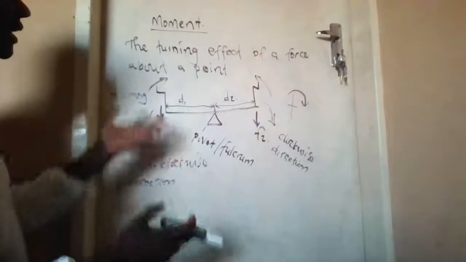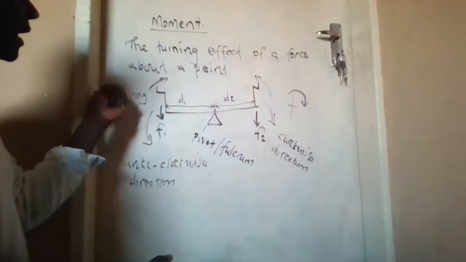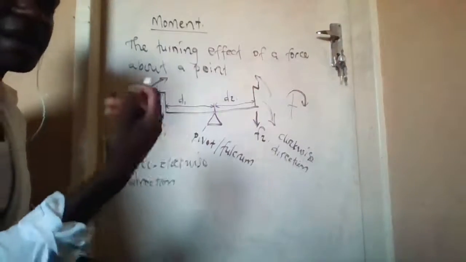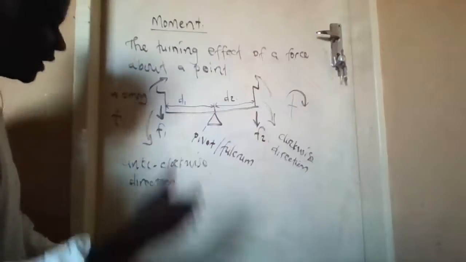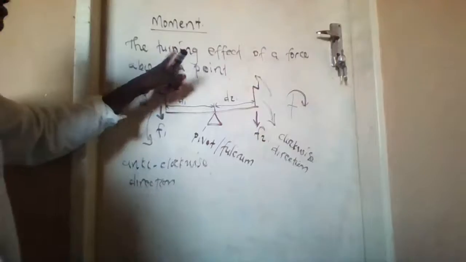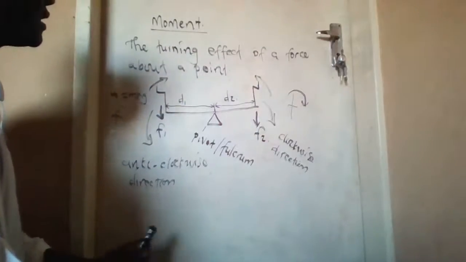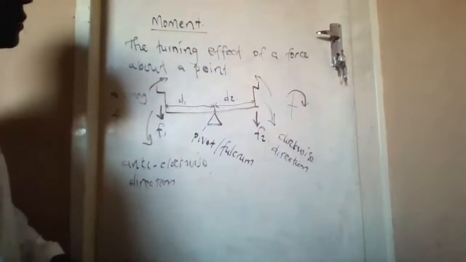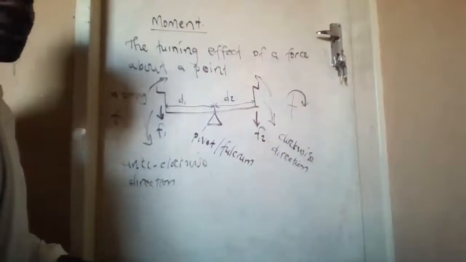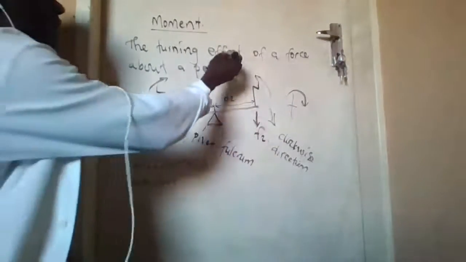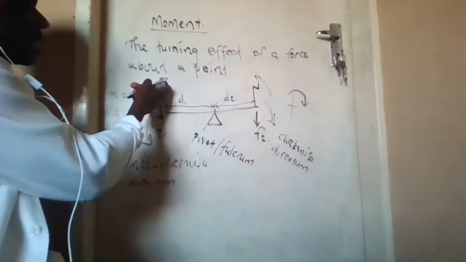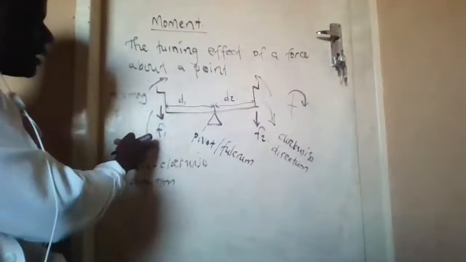So from there, that's where we can now define moment in a perfect way. So what is moment? Other than this simple definition, which says that moment is the turning effect of a force about a point, I'm going to give you now a complete way. What causes this seesaw to turn in a particular direction?